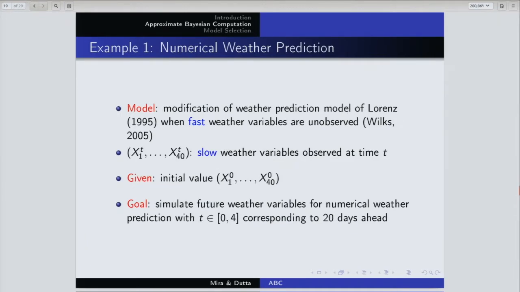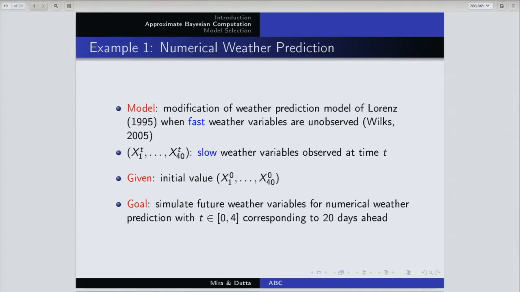So the model we will use is a model that was introduced in 1995 and later refined in a paper in 2005. Some of the weather variables are called slow, some of them are called fast. The slow weather variables are observed over time, so you can actually measure them. In the specific example that I will tell you about, we have 40 slow weather variables that are observed. This will form our Y0, the observed data.